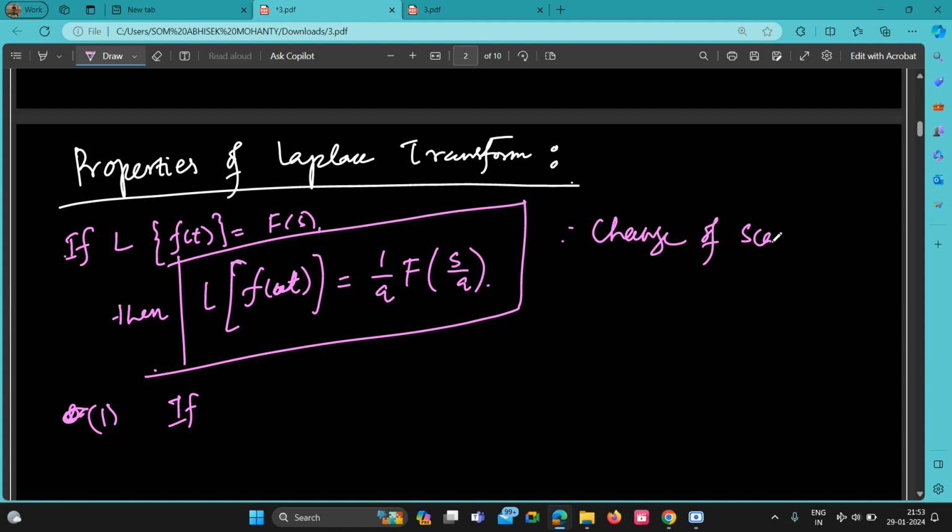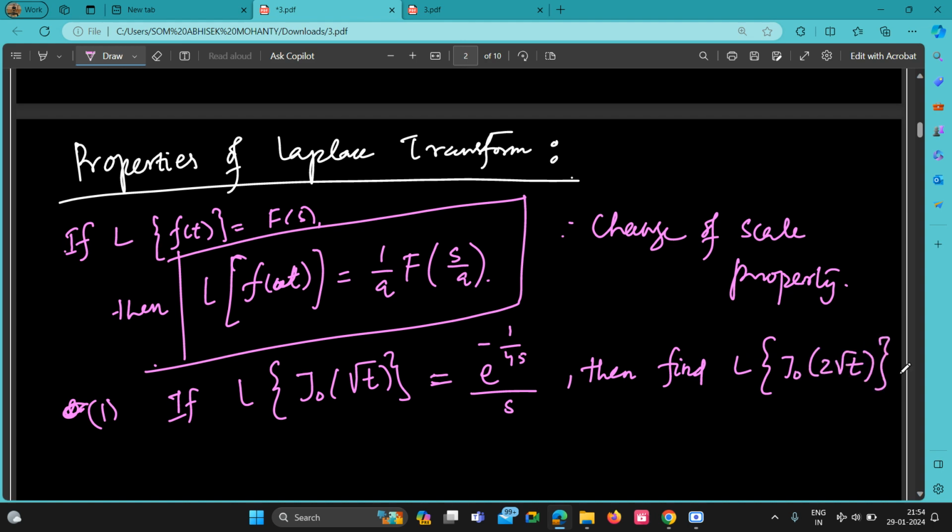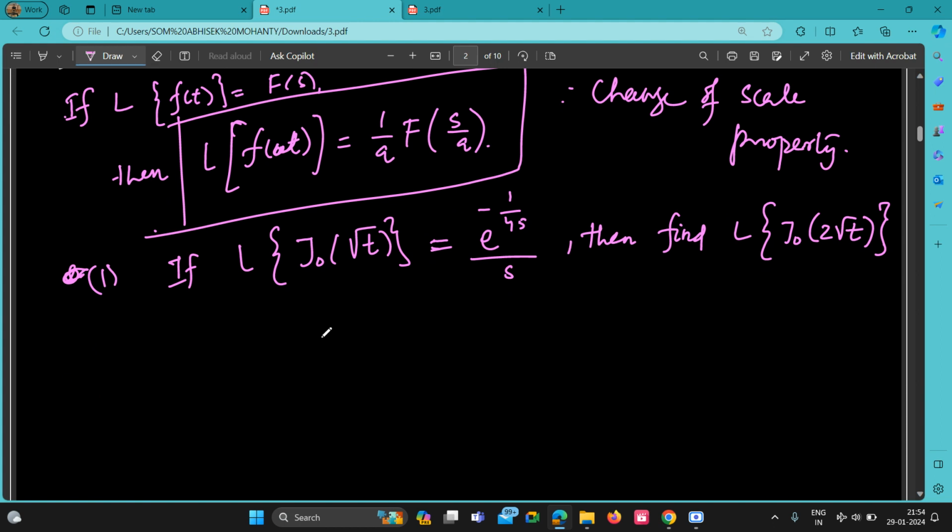Example question number 1: if Laplace of J0 root t is e to the power minus 1 by 4s, by s, then find Laplace of J0 of 2 root t. So what will you do? Just simply divide it, isn't it?